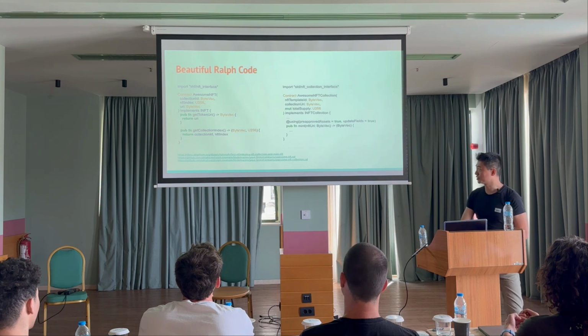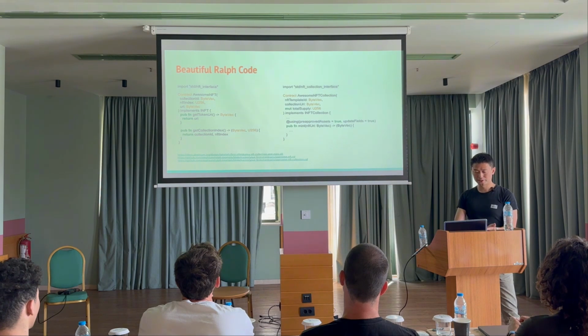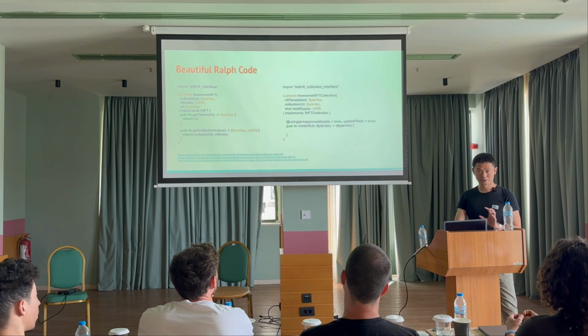But probably the most interesting function in this NFT collection contract is the mint function, because we obviously want to mint new NFTs. The way that we mint an NFT on Alephium is typically to create something called a subcontract.